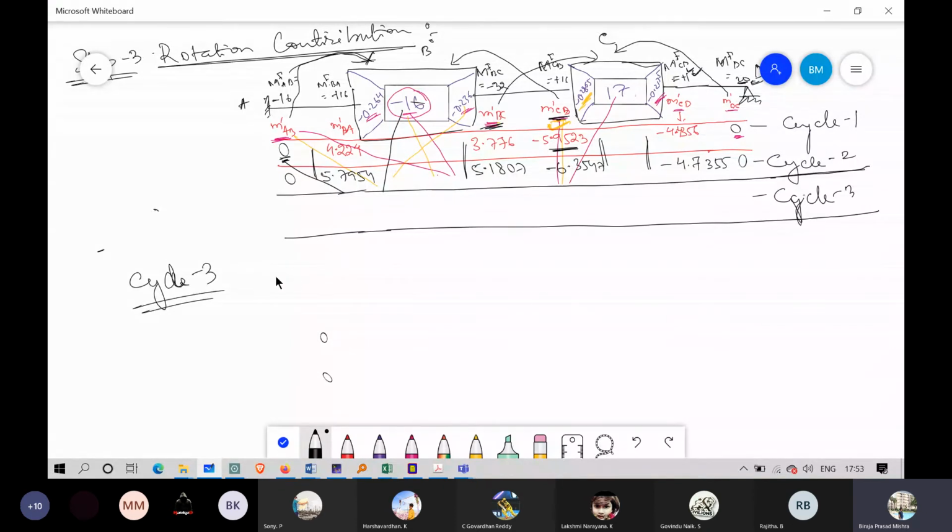So in cycle 3, M bar BA equals minus 0.264 into minus 16.